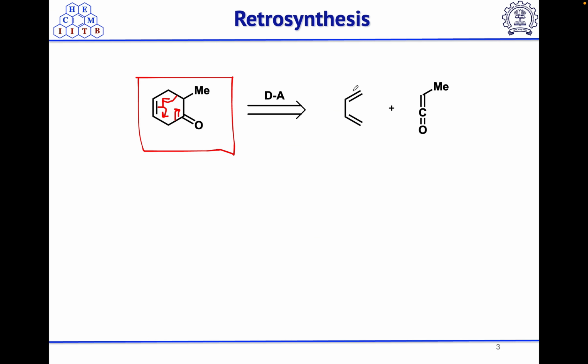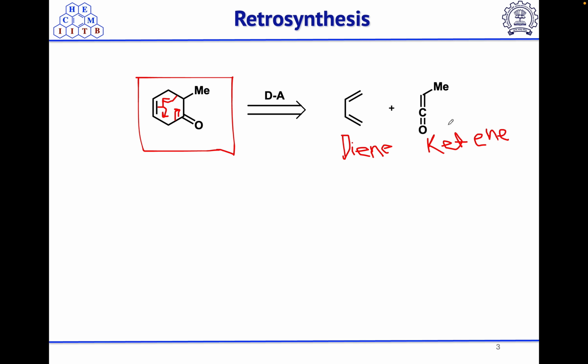This is simple 1,3-butadiene, which will be the diene, and the dienophile is a ketene. To get this target molecule, you need to do the Diels-Alder reaction between this ketene and this 1,3-butadiene.